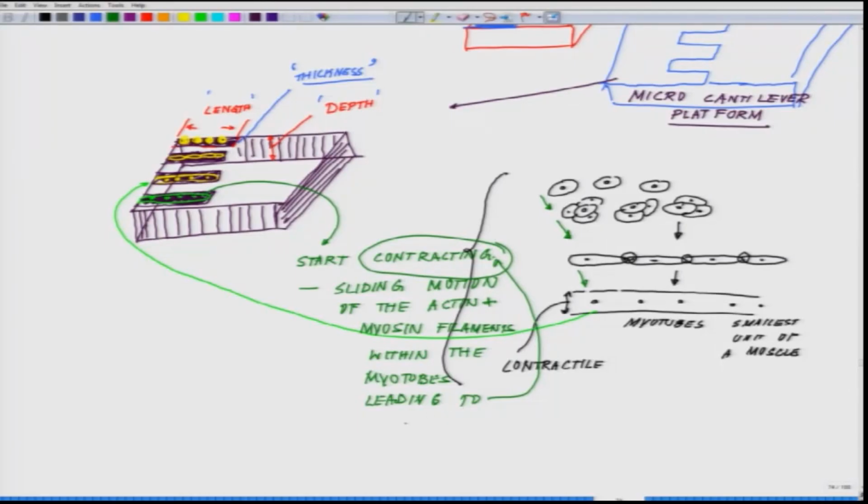Once these myotubes start to contract, the motion will be something like this, and this contraction will generate a force.